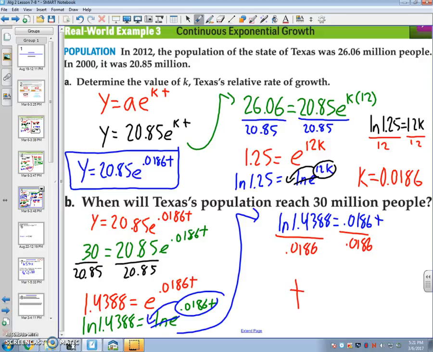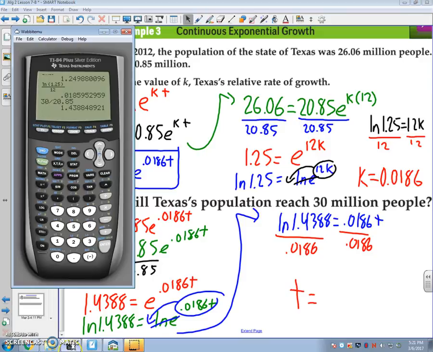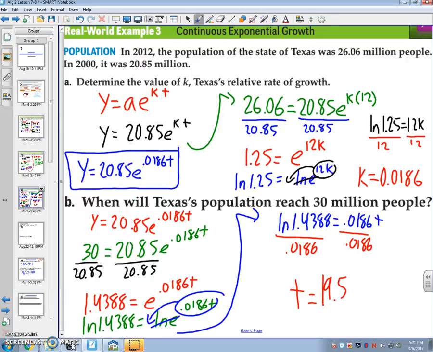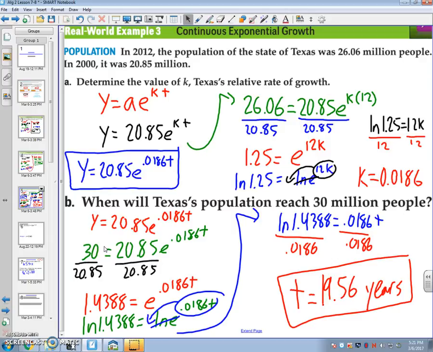So t equals ln of 1.4388 divided by 0.0186, which is 19.56. t is years. So in about 19 and a half, I'll just say 20 years, Texas should have 30 million. So basically in the year 2020, Texas should have at least 30 million people, according to this formula.